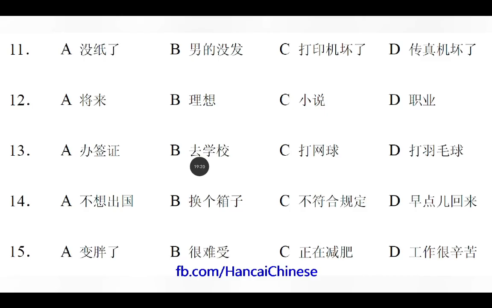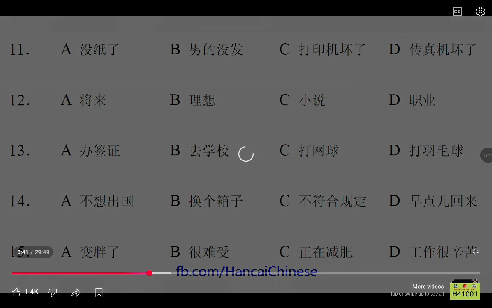And option B, Chu Shui Xiao, if they talk about school then we can select this as the correct answer. Ta Wang Qiu, play tennis. Ta Yu Mao Qiu, play badminton. So now we just focus on these words when the audio is running. Okay, let's start.